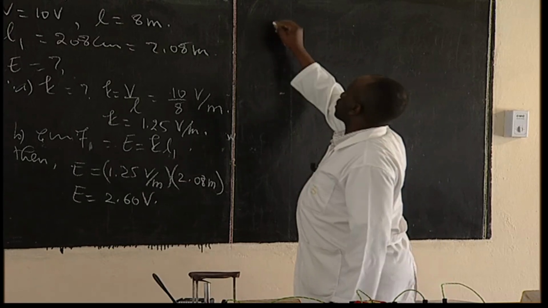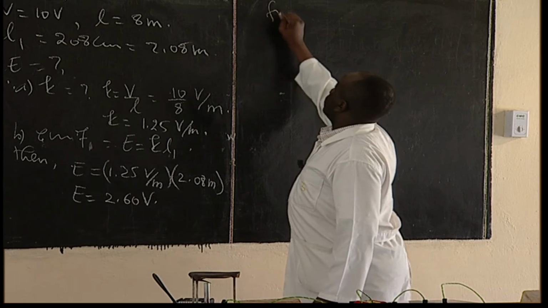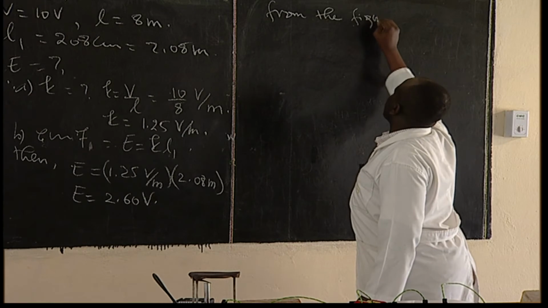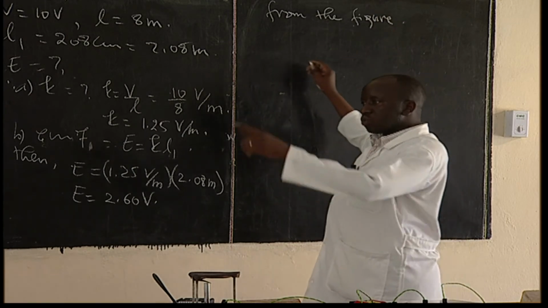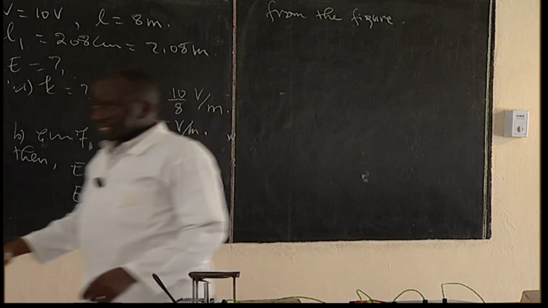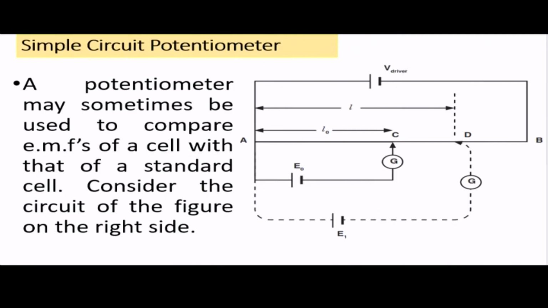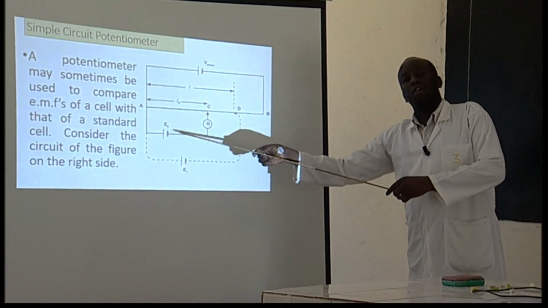So this is the figure. From the figure, what do we have? From the figure, as what we see, do you see this one? We take this E here is approximately equal to that one.